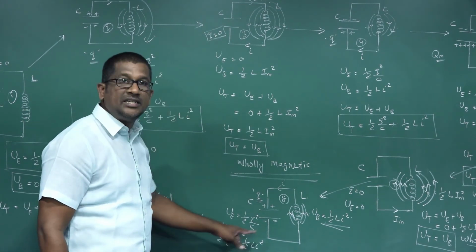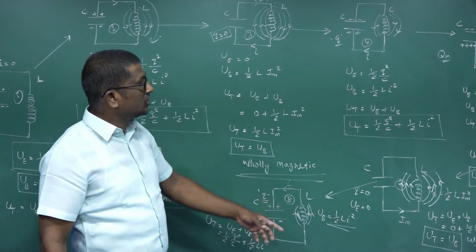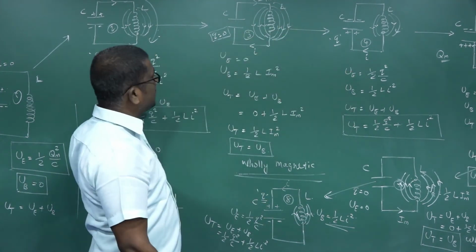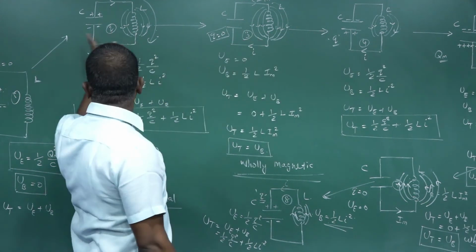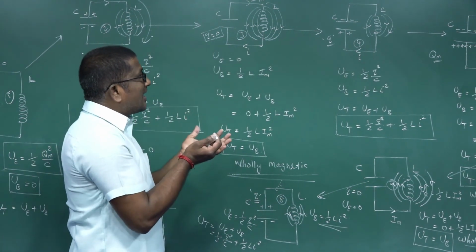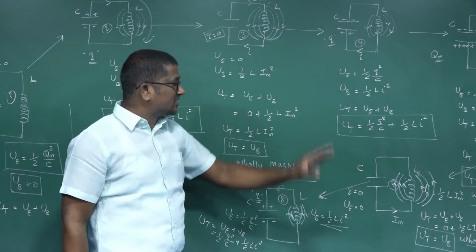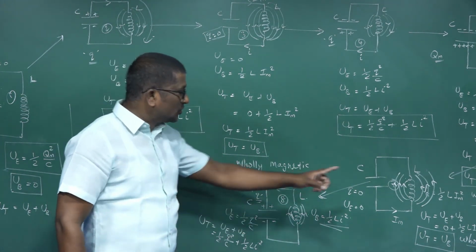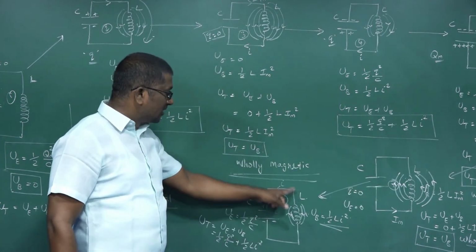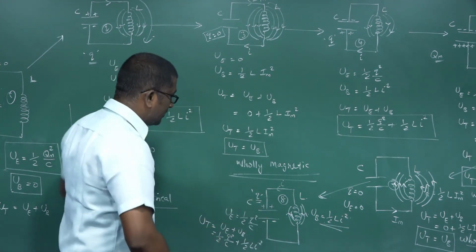This energy is also the same as in the previous states, that is the 7th state, 6th state, 5, 4, 3, 2 and 1. By calculating the total energy of the LC circuit in all the states, that total energy value is always constant. So that energy is the same as the total energy of the LC circuit in the 8th state.